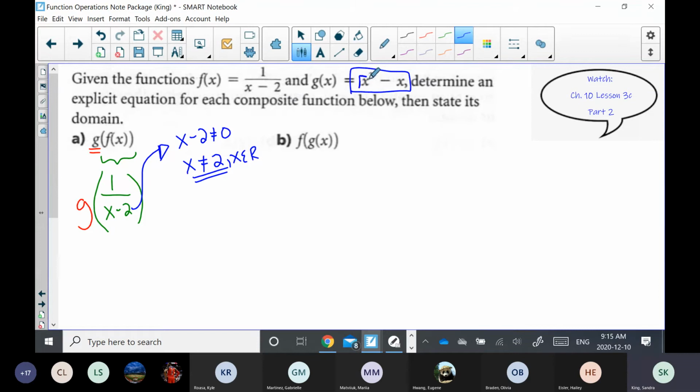Every time you see an x, take out that x and put in 1 over x minus 2. So I'm going to take out that x, and I'm going to put in 1 over x minus 2, and I'm going to square that, minus this guy. So take out that x and put in x minus 2.